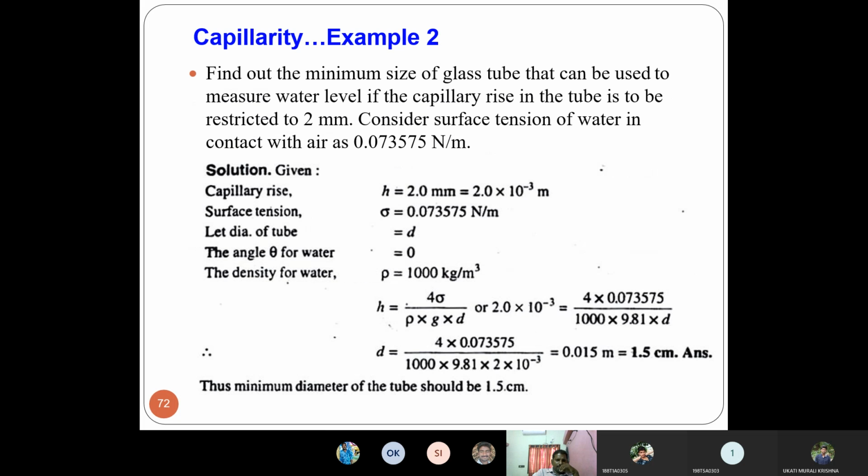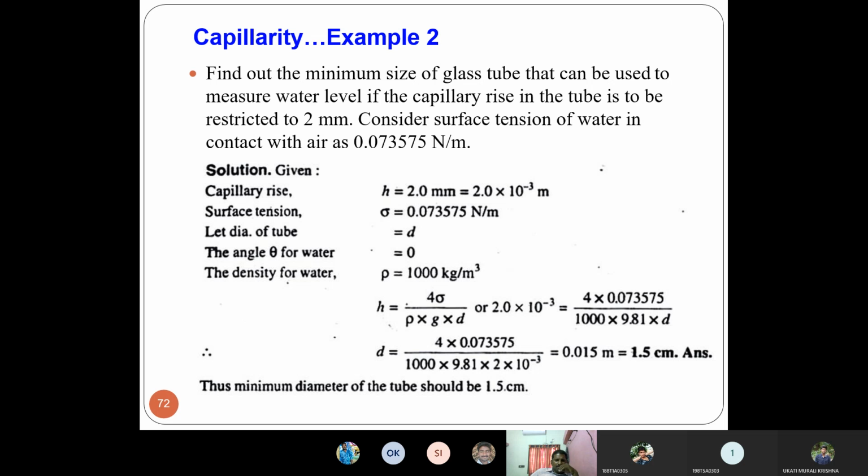Okay, last problem for this session. Find out the minimum size of the glass tube that can be used to measure water level if the capillary rise in the tube is to be restricted to 2 mm. Consider the surface tension of water in contact with air as 0.73575 Newton per meter.